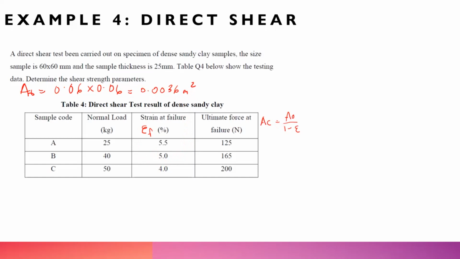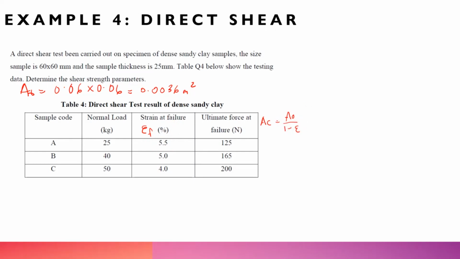For example, for number 1, it will be 0.0036, which is the initial cross-section area, divided by 1 minus 0.055, and the same thing for the second sample, only changing the value of strain at failure.